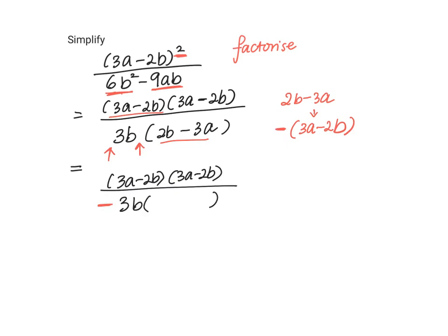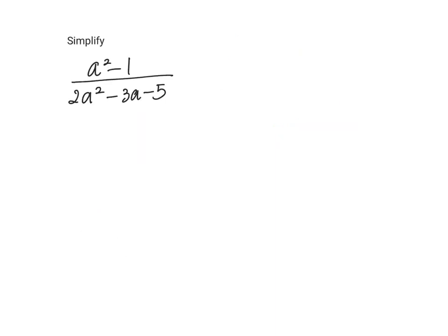And this one will swap position, 3a minus 2b. Now we have all this in place. What can we cancel out? Everything is multiplied together as a factor, so we can cancel out 3a minus 2b, and I'm left with, okay, you can choose not to write the brackets as well.